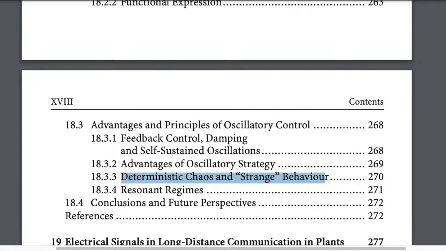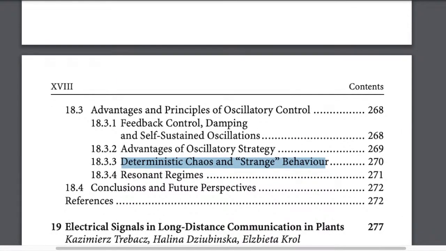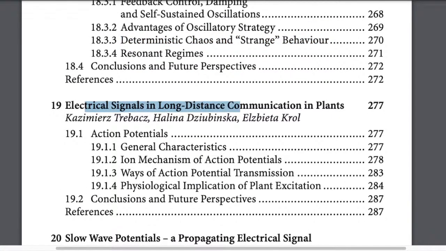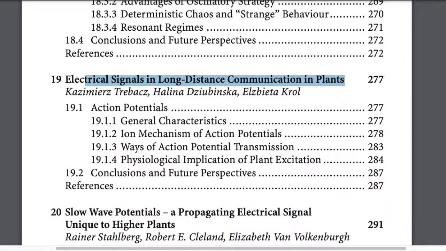This looks like a pretty heavy one. Resonant regimes. Strange behavior. Deterministic chaos. Strange behavior, that's just a great statement. Electrical signals in long distance communication. What about that? That looks cool.